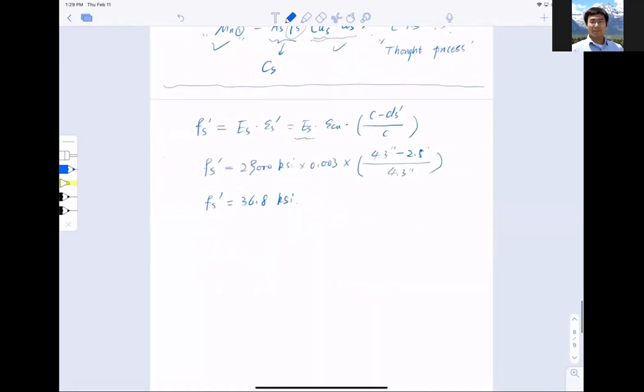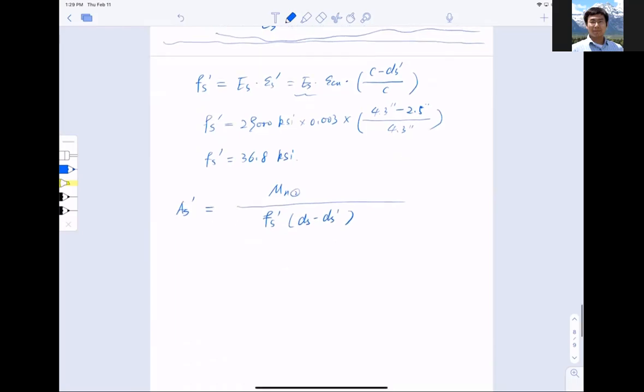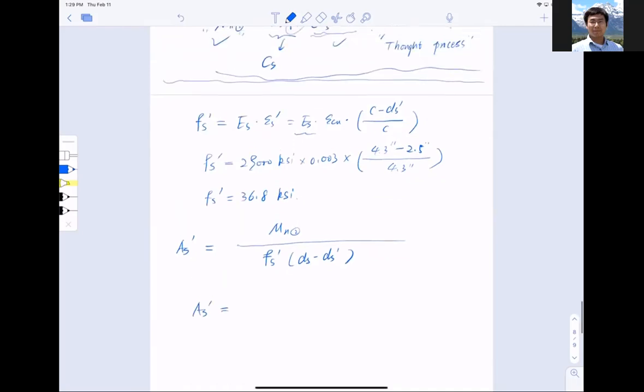And then I can calculate As prime using that thought process I just talked about, okay? So As prime now should equal to Mn2 divided by Fs prime and bracket inside ds minus ds prime. All right, so now let's bring the numbers in. So As prime equal to Mn2. What is Mn2?